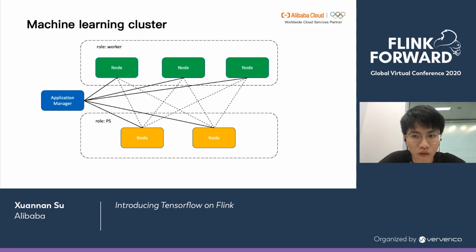In this case, we have 3 nodes with the worker role and 2 nodes with the PS, the parameter server, role. And we always have an application manager that manages the status of the nodes and the life cycle of the cluster. And this is the core abstraction that Flink AI Extended provides.